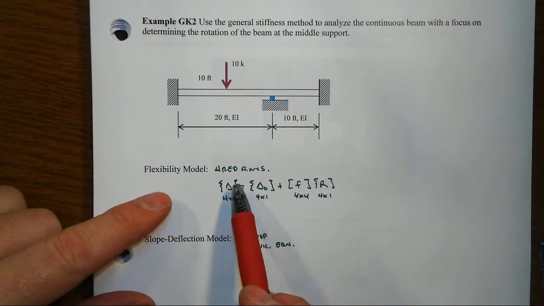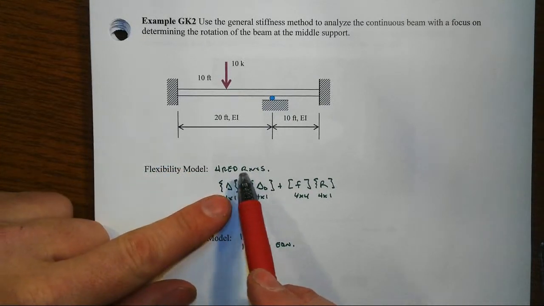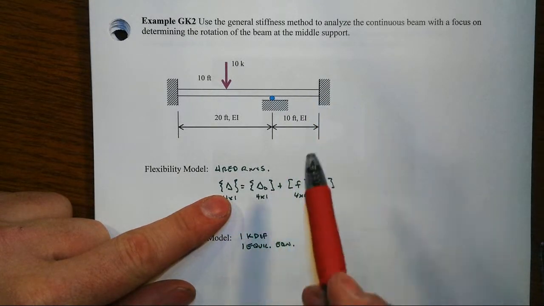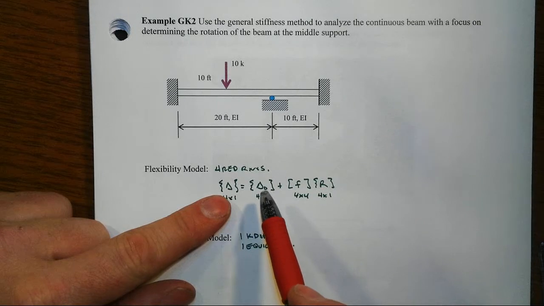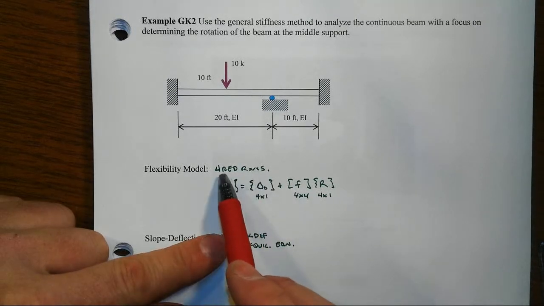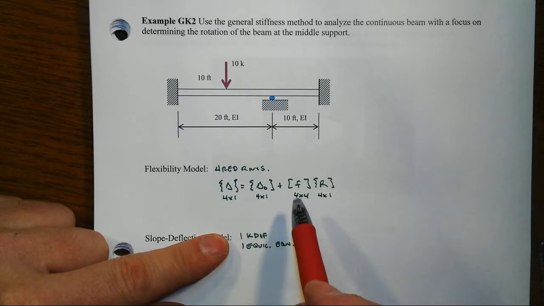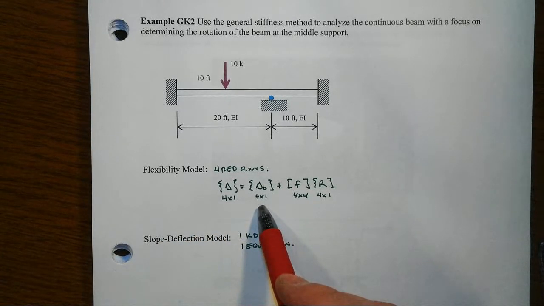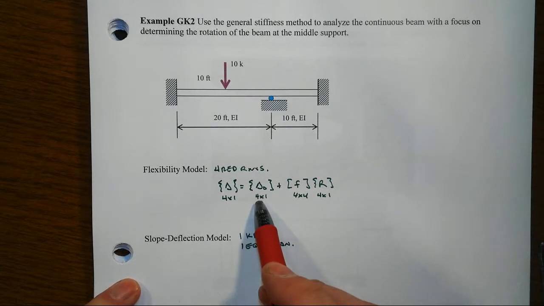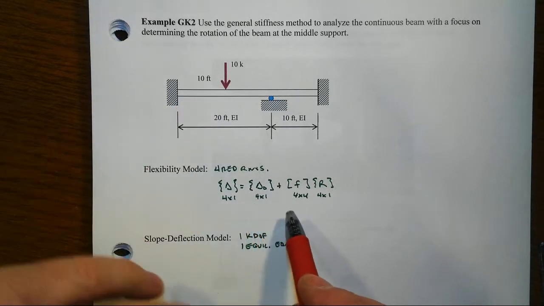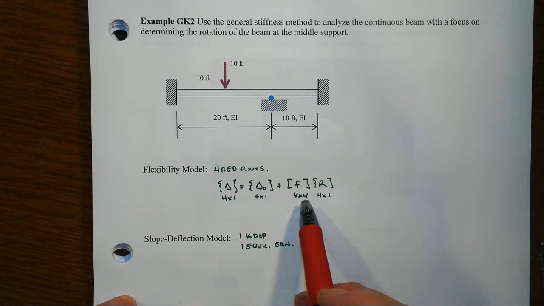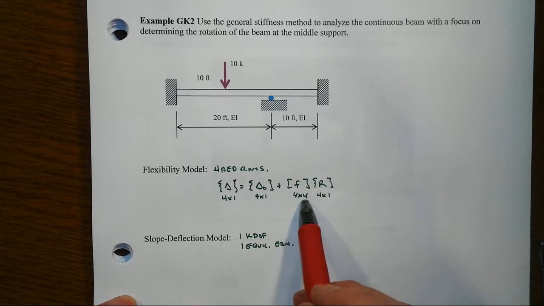From a flexibility model perspective, we'd end up with 4 redundant reactions, one of them associated with the axial elongation or shortening of the member, so decoupled from everything else, but we still end up with 4 redundant reactions, from which then we're going to end up with, once we relax those 4 reactions, we'll have 4 primary displacements due to the actual applied load, and then 16 flexibility coefficients. These are all displacements associated with the unit values of the redundant reactions.